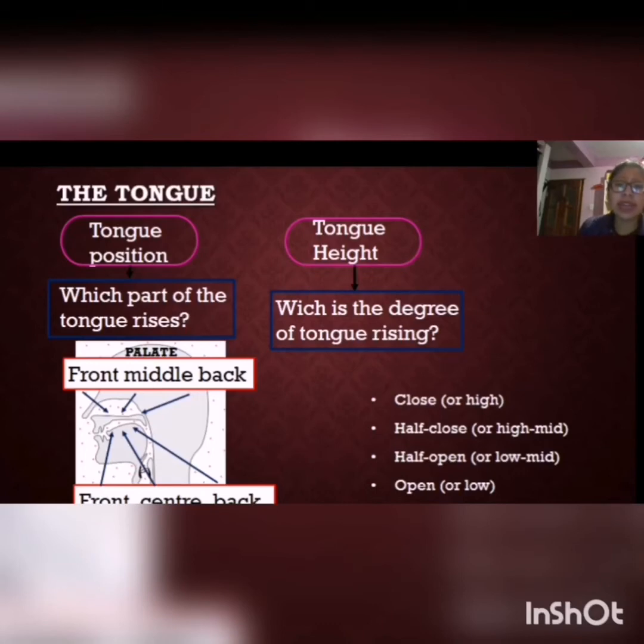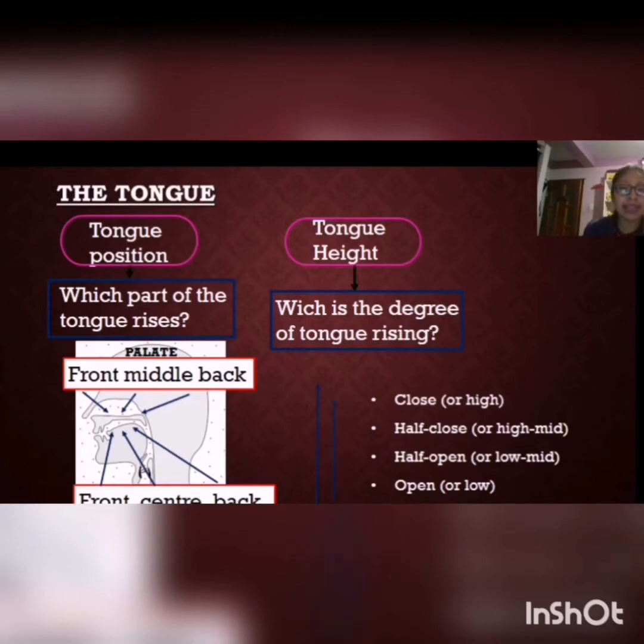Now, as far as the degree of tongue rising is concerned, vowels are classified as close or high vowels when the tongue rises with a high approximation. If the rising of the tongue is a bit lower, we have half close or high mid vowels.